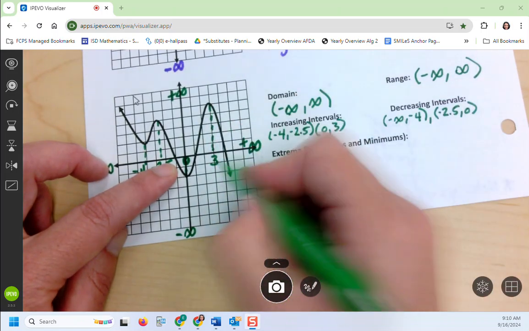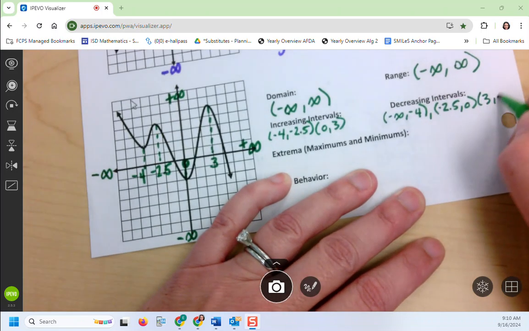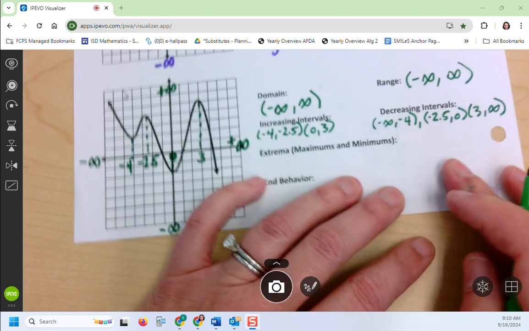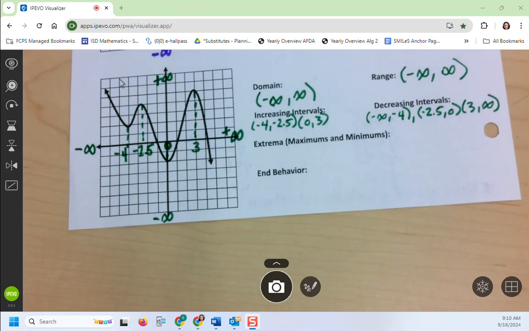And then decreasing 3 to positive infinity. Okay, so you had 2 increasing intervals and 3 decreasing intervals. All of them should be using the x values, and by labeling the x values on the x-axis, it helps you notice those numbers. Take a minute and let me know what questions you have on that.